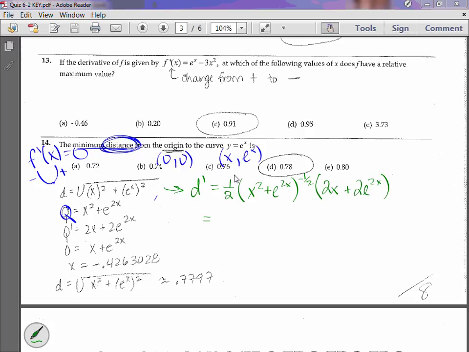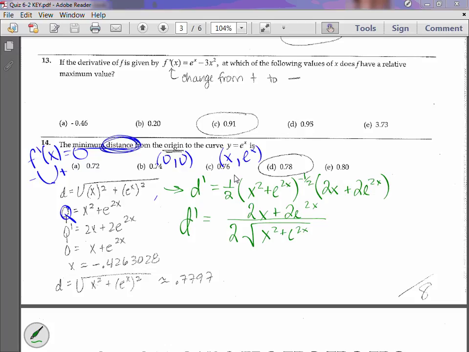And this is the same thing if we were to rewrite it: we'd have 2 in the denominator, and the square root of x squared plus e to the 2x. Do we agree that that would be my derivative? Are we okay with that? Questions? Okay.